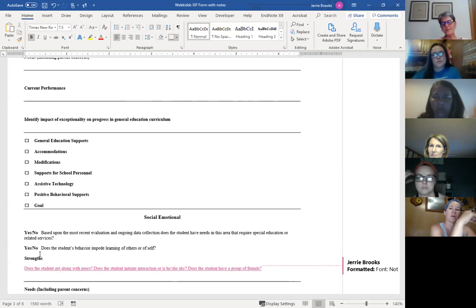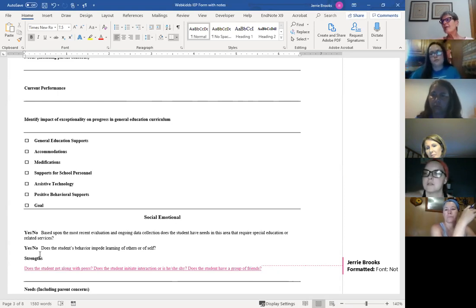So for a little boy like that, you could say, due to the sound intensity, he prefers to be by himself when there's a lot of commotion. Yeah, and it's concerning too, because there were times like in PE that he wasn't picked for a team because he didn't want to play.